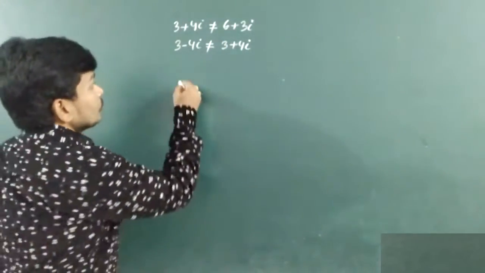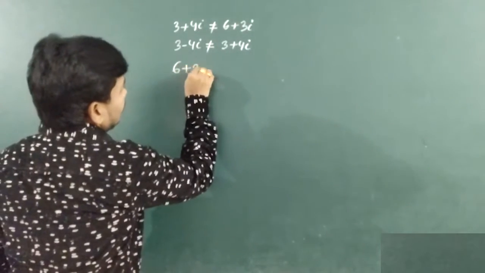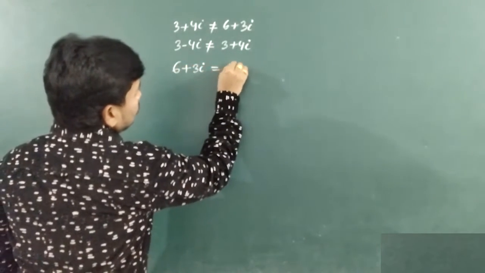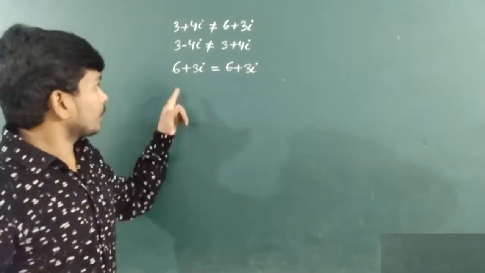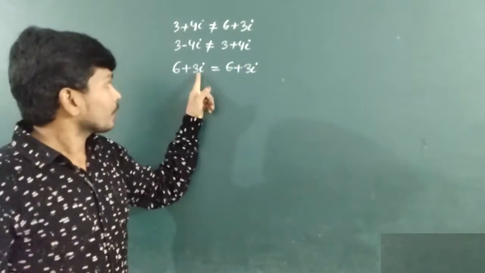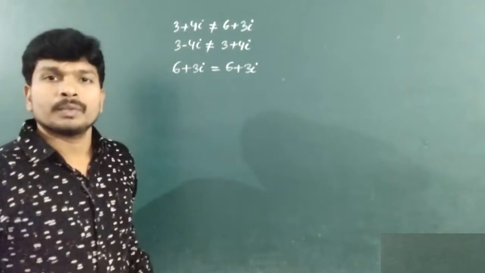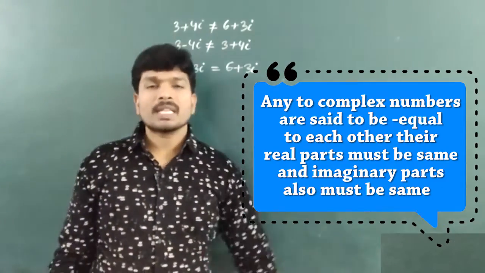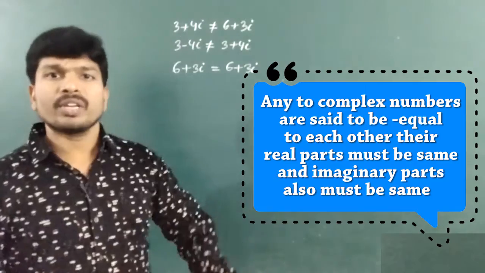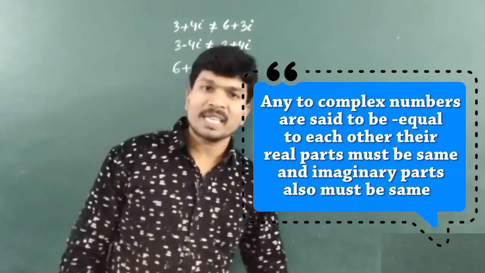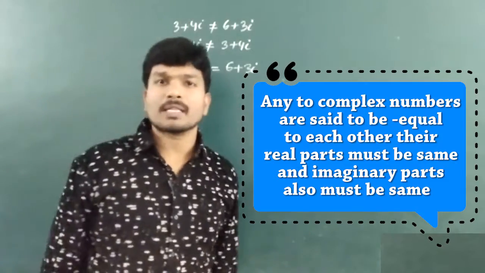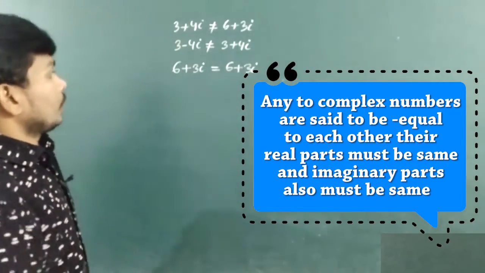Okay, now 6 plus 3i is equal to 6 plus 3i. Yes, definitely, because real parts are same, imaginary parts are same. So any two complex numbers are said to be equal to each other if their real parts are same and imaginary parts also are same.